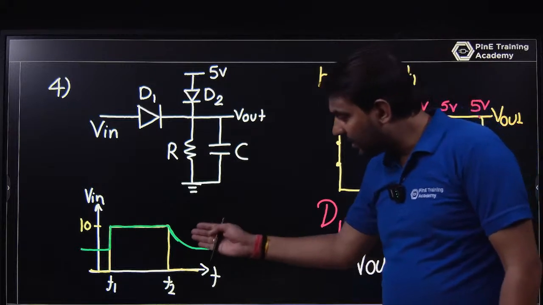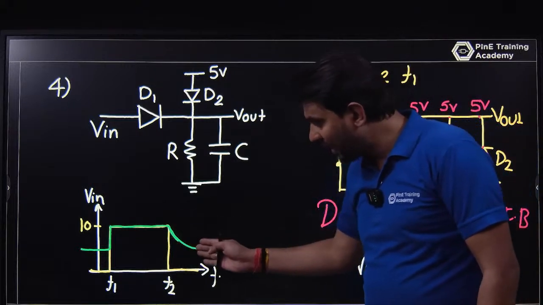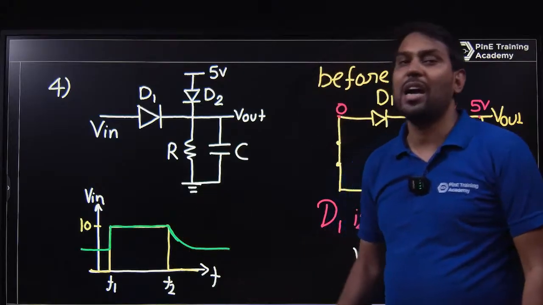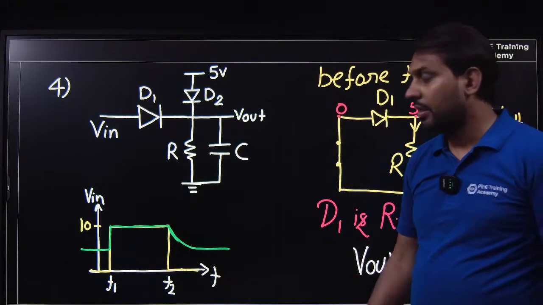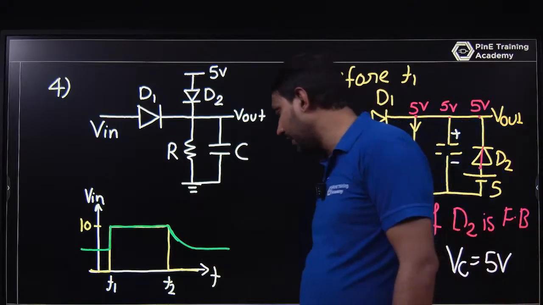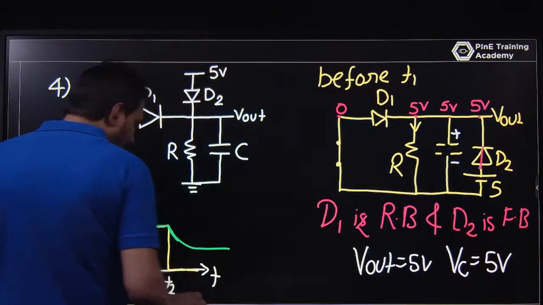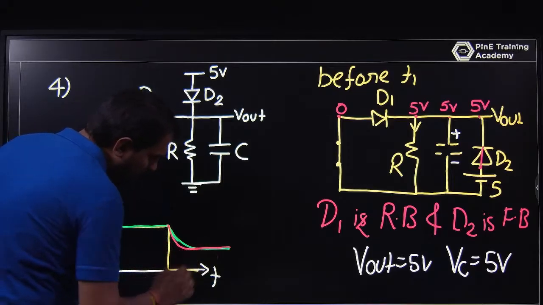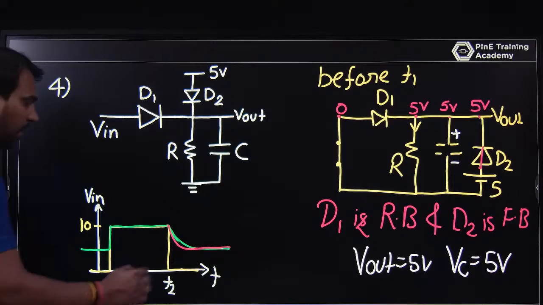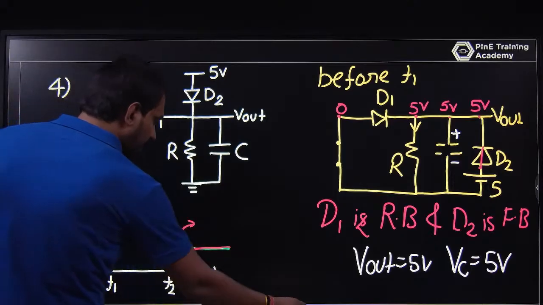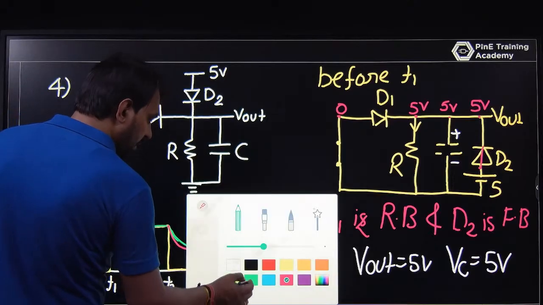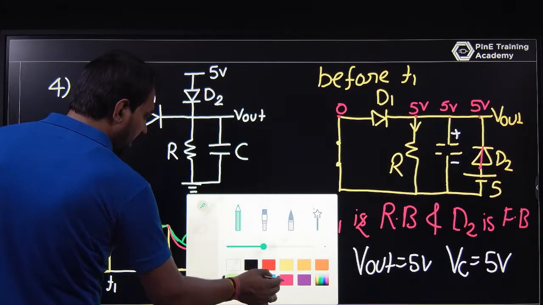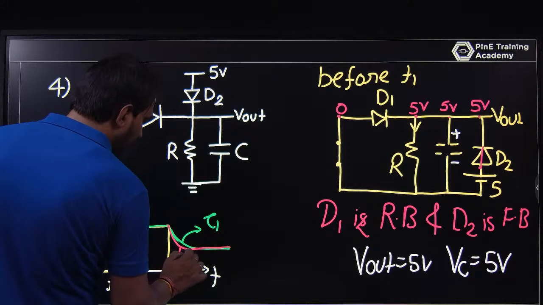This discharging depends on how large or how small your RC is. The waveform may be like this, it depends on you. Let this be tau 1 and this be tau 2.